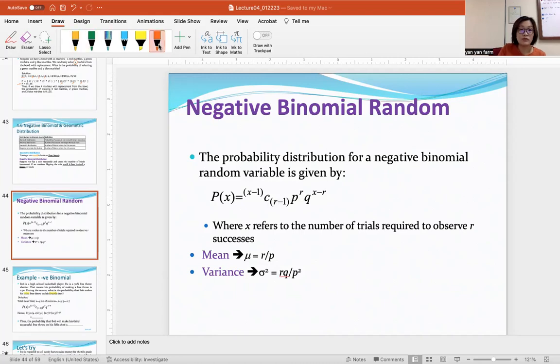Let me write it down so it's easier for you. Let's say I would like to have 10 trials, and among the 10 trials, I need 2 successes. So x equals 10, minus 1. r is 2, minus 1. Okay, so same thing as just now.